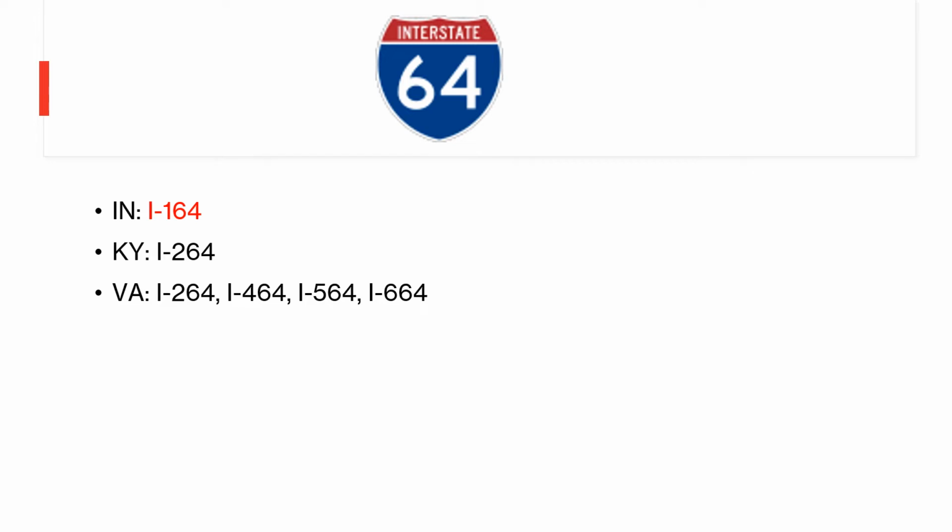And Kentucky, 264 goes through the Louisville area. Virginia, I-264, I-664, and I-64 all meet in Chesapeake, Virginia, where they all end. And then you also have 464 and 564, which is in the Norfolk area too.